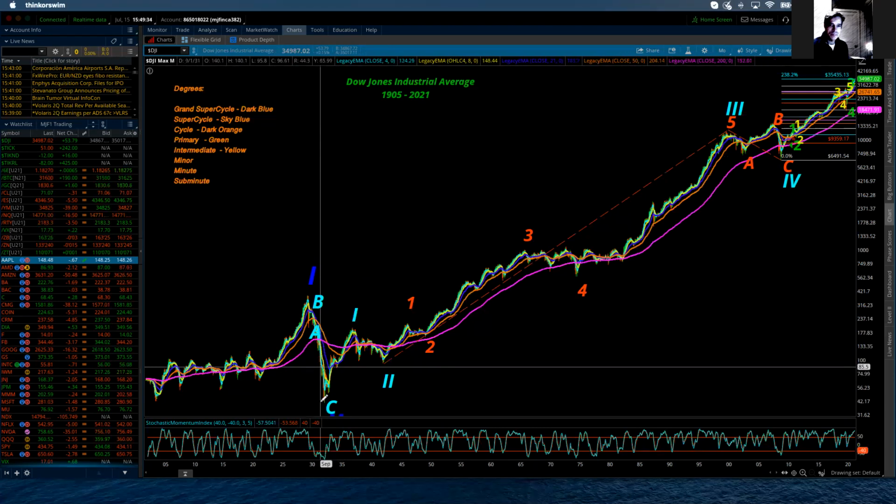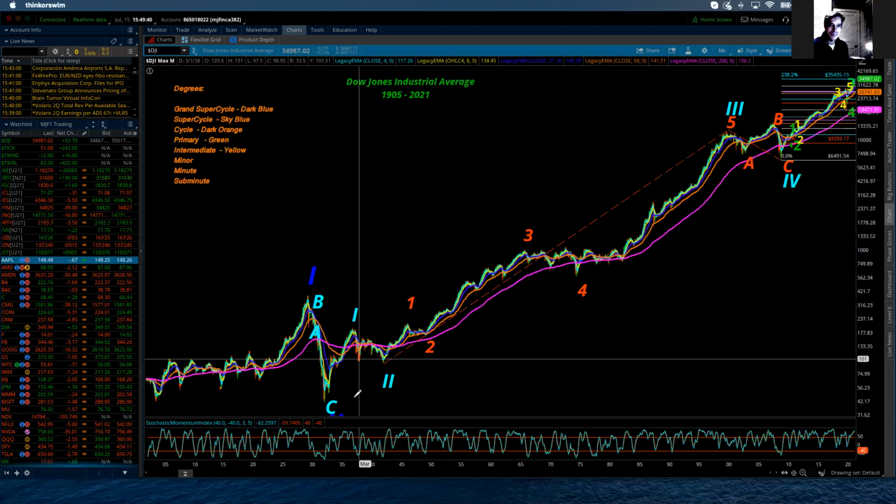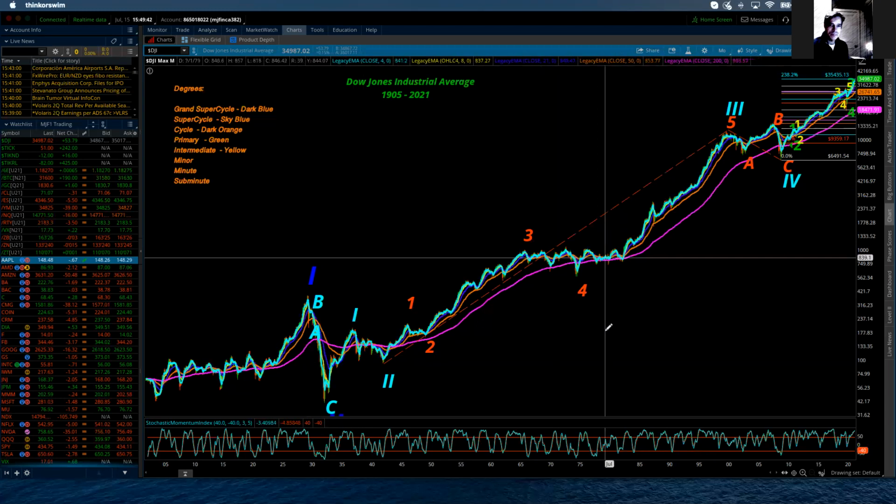If I went off of that as my groundwork for what we're doing now, we are in the process of finishing a Grand Supercycle Wave 3 in the Dow Jones cash market. So when doing the counts for subsequent indexes, which include all these stocks plus more, I have had to update on a degree basis where those indexes are.